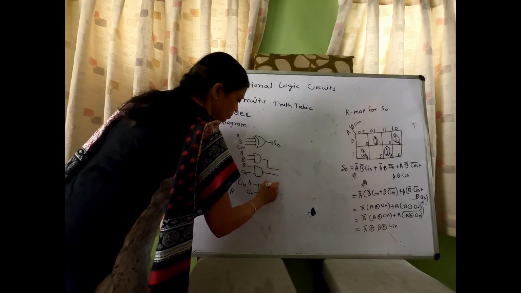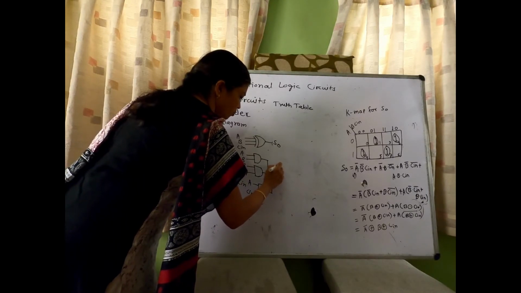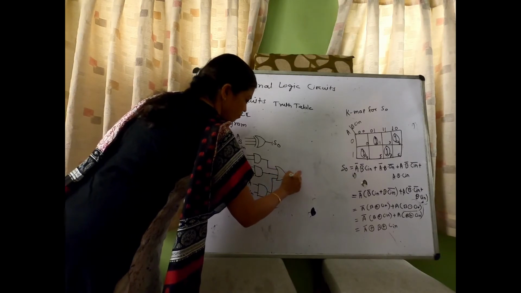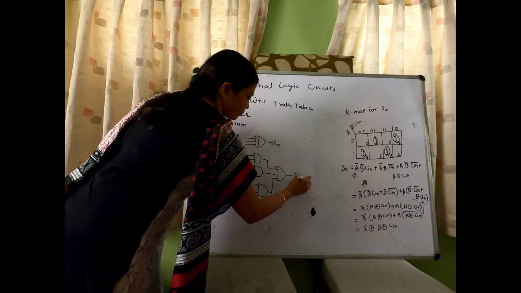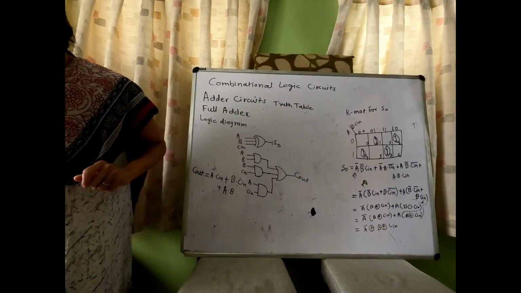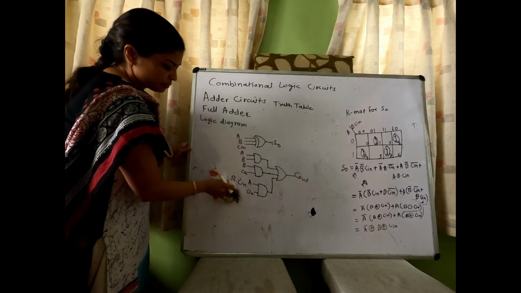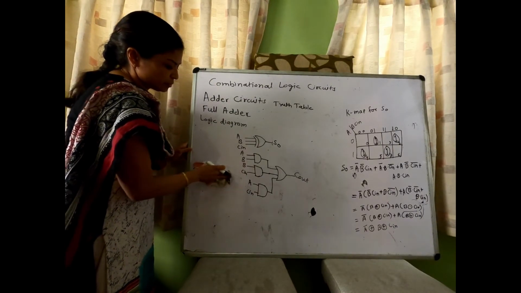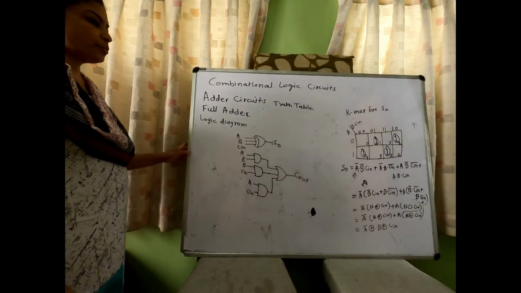OR operation between these three gives the output variable C out, that is carry output. This is for the full adder.